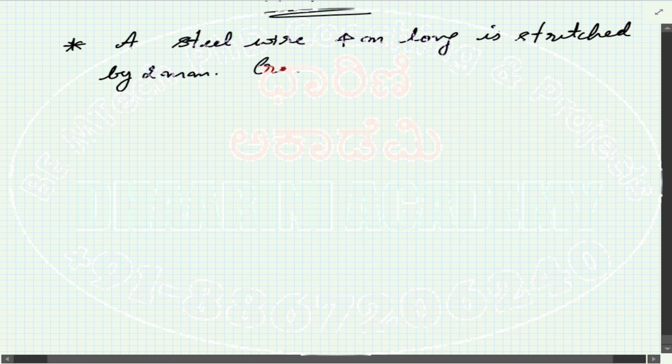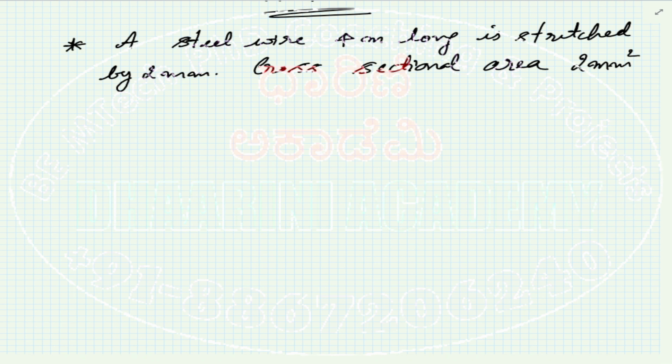The cross-sectional area is 2 millimeters square.